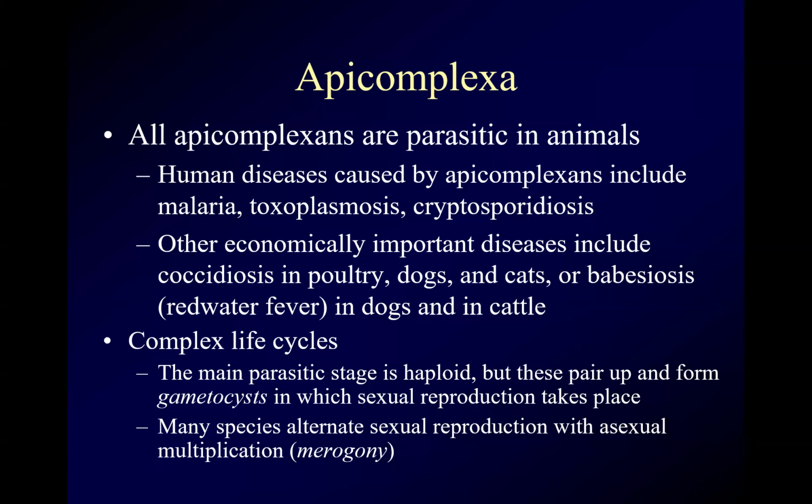On top of this, a lot of species will alternate a sexual reproductive stage with asexual reproduction, which is called merogony.